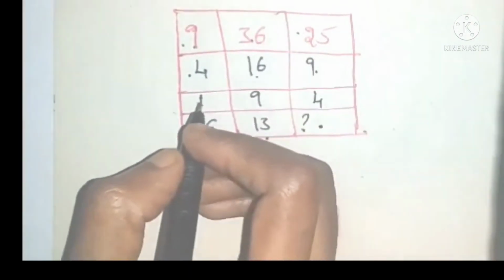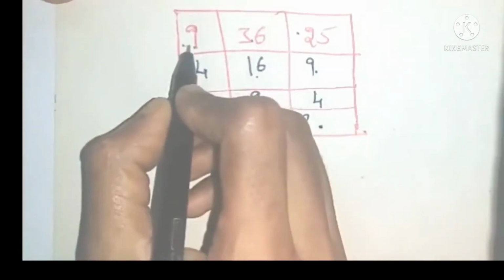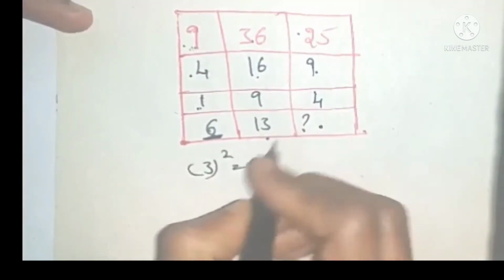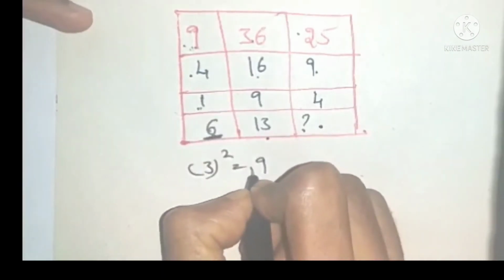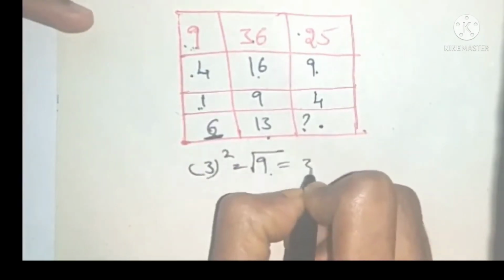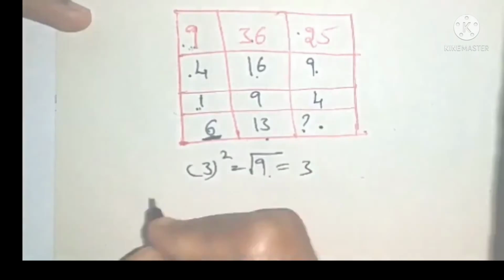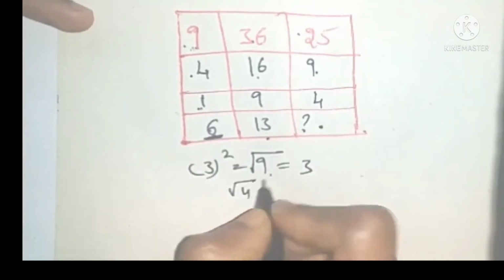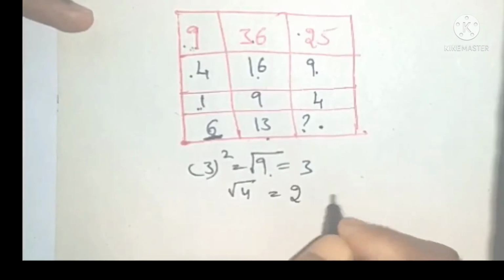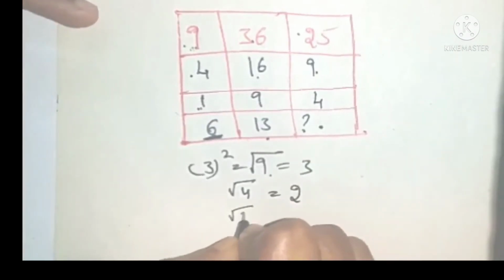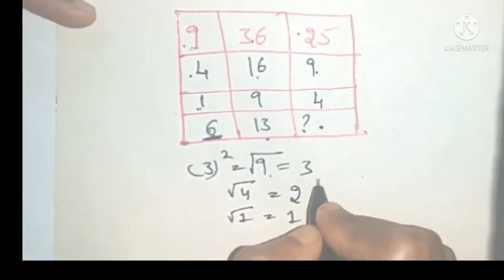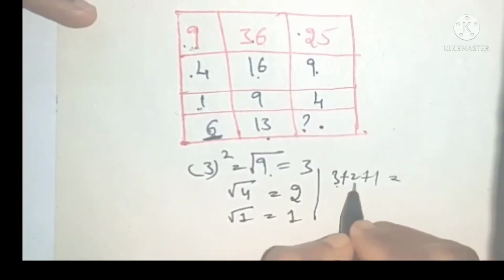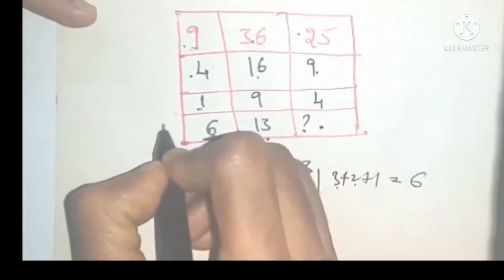So let's move forward for the next trial. 3 square will get 9, and the square root of 9 also will get 3. So let's move for next. That is, the square root of 4 is equal to 2. The square root of 1 is 1. Now add all these. 3 plus 2 plus 1 is how much? 3 plus 2, 5, 5 plus 1, 6. Yes, we got this answer.